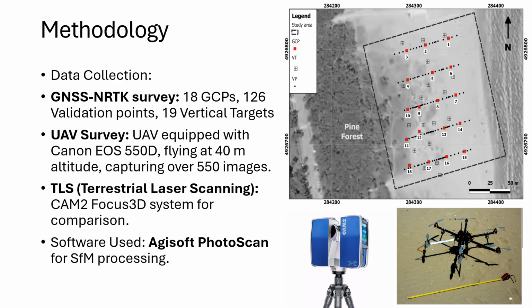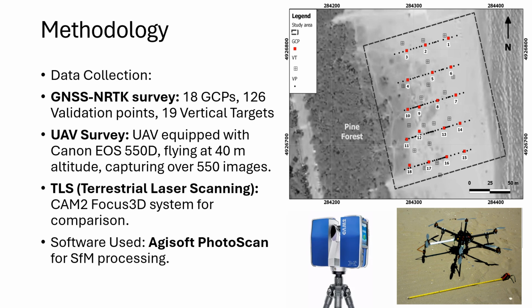And about the methodology in this paper, the researchers used three main methods to collect data. One is GNSS survey. NRTK means near real-time kinematic survey. They established 18 ground control points with 126 validation points and 19 vertical targets.